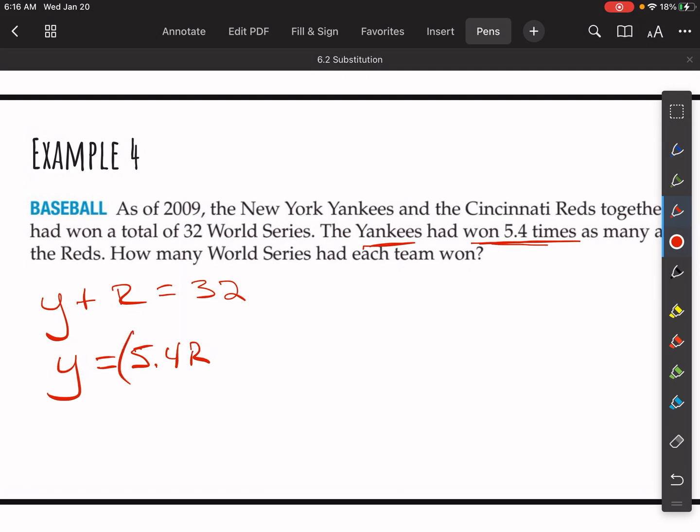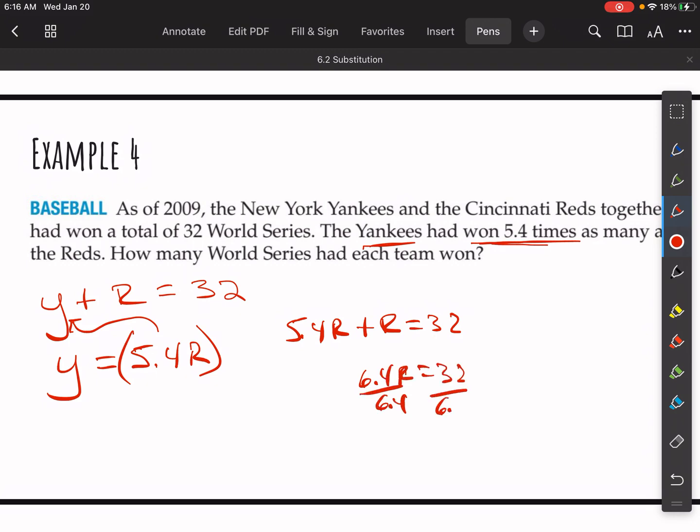Then you could take this y equals and substitute it in for the y. So you have 5.4r plus r is equal to 32. So you have 6.4r is equal to 32. Divide both sides by 6.4. And then r is equal to, I think when you do this, you get 5. Is that right? Let's take 6.4 and multiply it by 5.